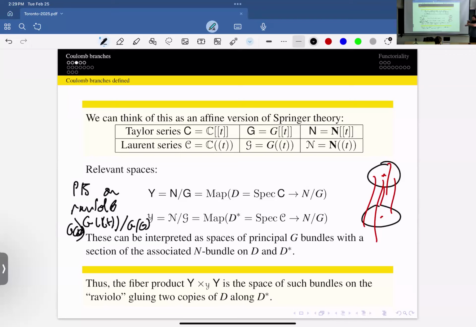So G((t)) identifies two copies of the principal bundle on my two different disks away from the origin. And then acting on the left and the right by G[[t]] does the change of trivialization. All right, great.